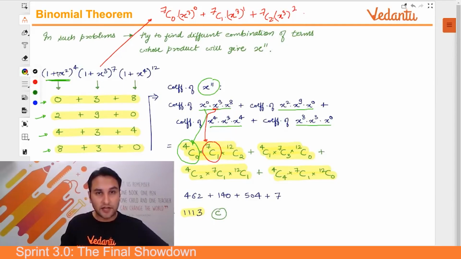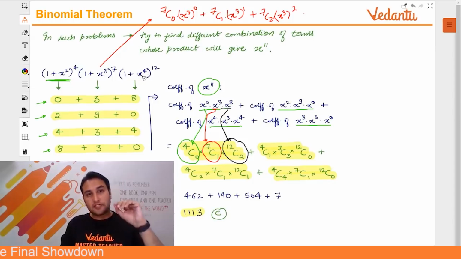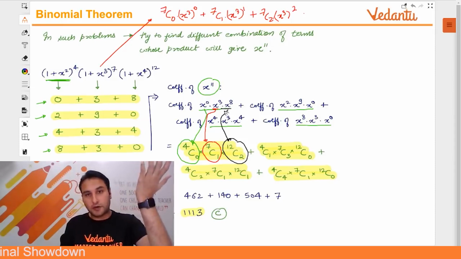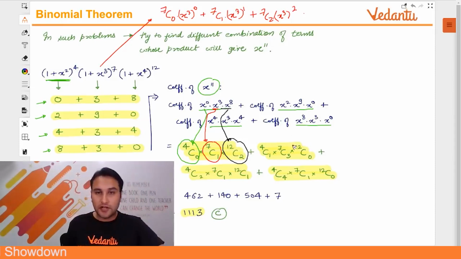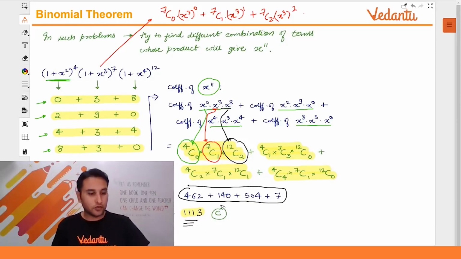Similarly, x raised to power 8, what will be the coefficient? 12c2 in its term, right? 7c2 x to the power 4 to the power 2, that is x to the power 8 and so on. So similarly if you write the coefficients of all these terms and add them, just find out these values, multiply, solve, you'll get 1113. That is the question.